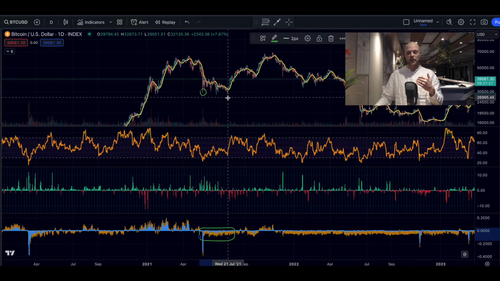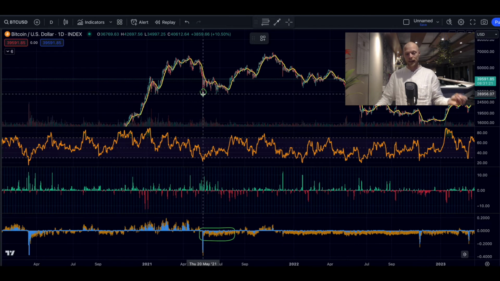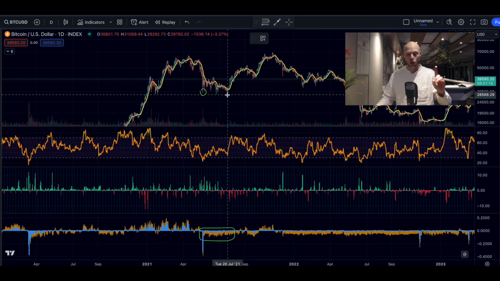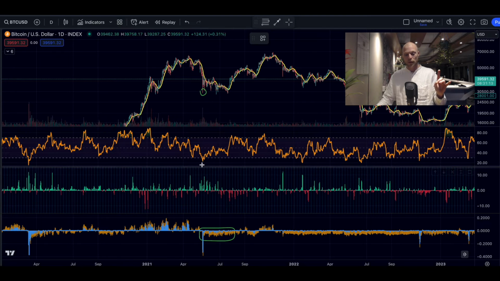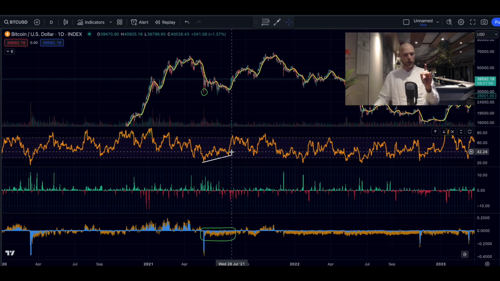Well, for me, it was actually the opposite back then, because what I'm seeing right here is a low exactly on the 60-day cycle mark. Then I'm seeing 60 days later another low. This is a lower low in the price, but we are forming a higher low in the relative strength index. Very interesting.